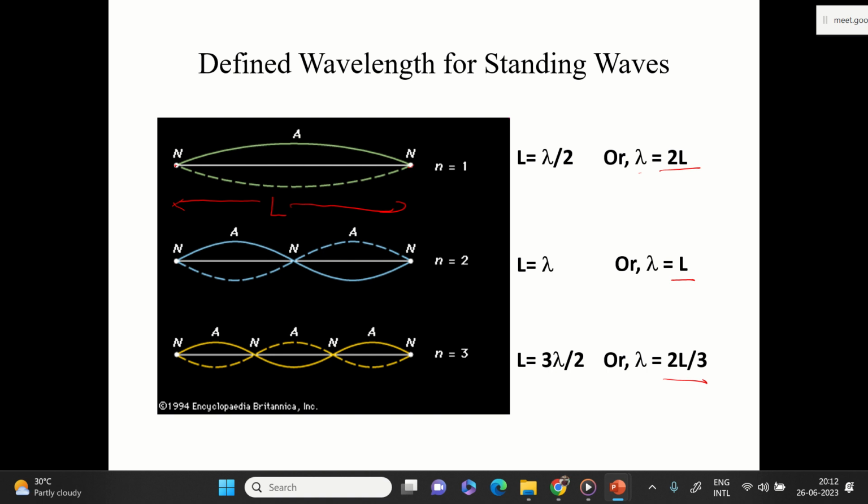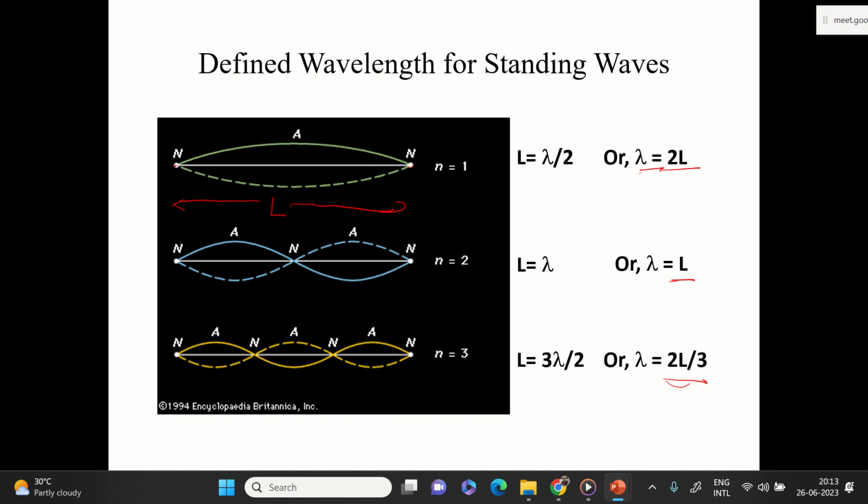A standing wave in a string can have lambda this or this or this value. So if lambda is fixed, that means energy is also fixed. Energy of a standing wave cannot change continuously. It is a basic feature which we can see in any standing wave.